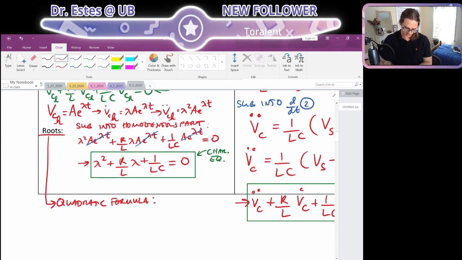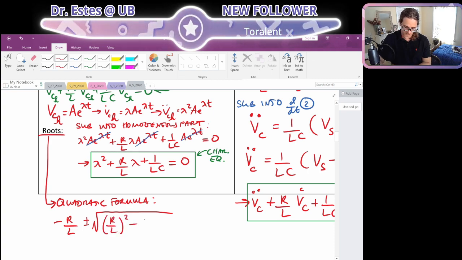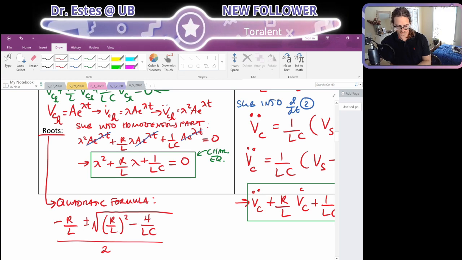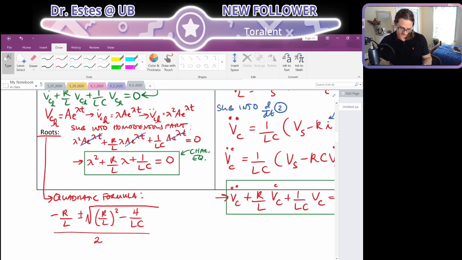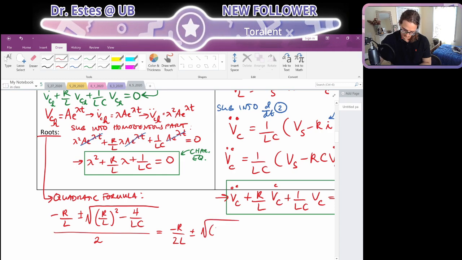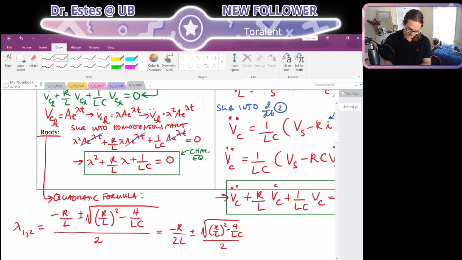So we're going to have minus R over L plus or minus the square root of R over L squared minus 4 over LC, all of that over 2. And let's just break this into two distinct pieces here. So these are my two roots, lambda 1 and 2.